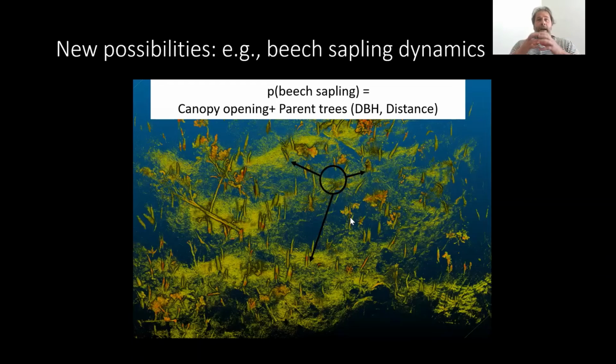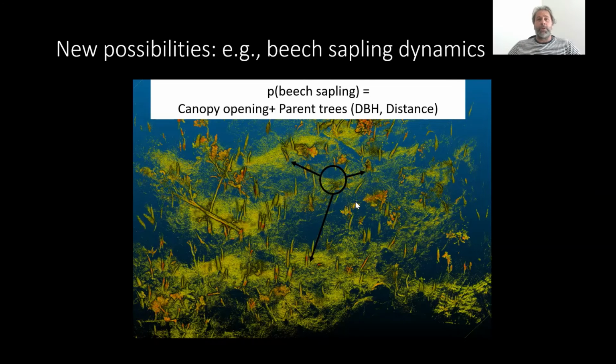But now that we know that we can get very, very precise metrics with the mobile LiDAR, it opens the door to new possibilities. For example, in my lab, we're starting a project in which we're studying beech sapling dynamics.